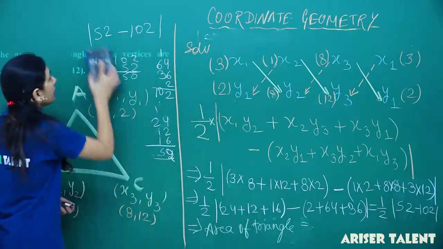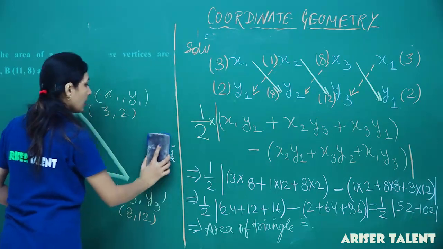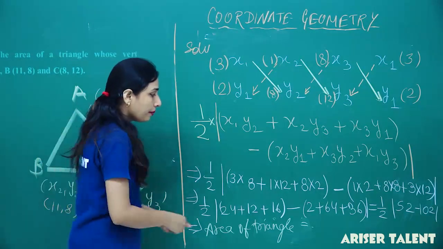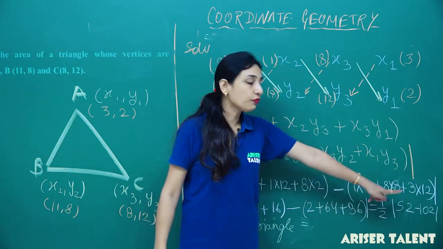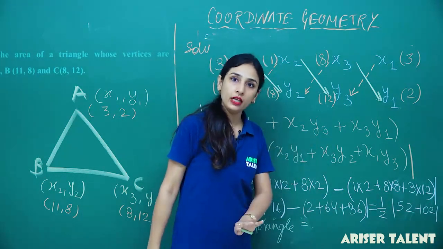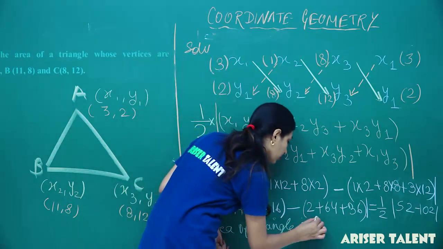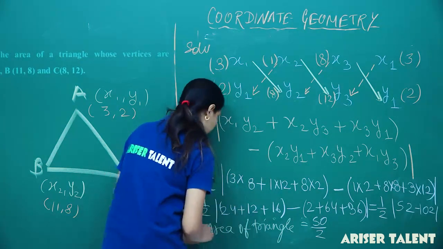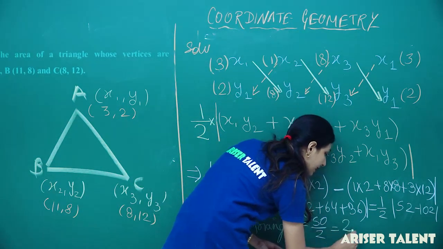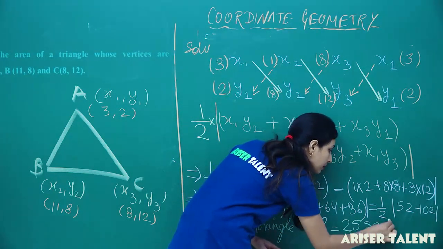Okay, so minus 50, right? Because 102 is minus. So minus 52. Now mod of minus 50. Now mod of minus 50 is what? 50. That will be positive in any way. 50 by 2. That means that is equals to 25. Its area, that means square units.